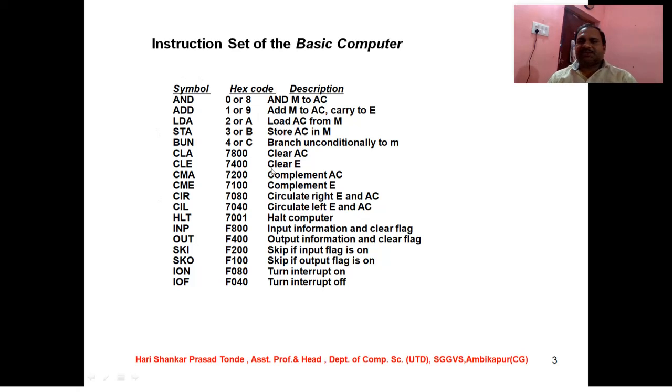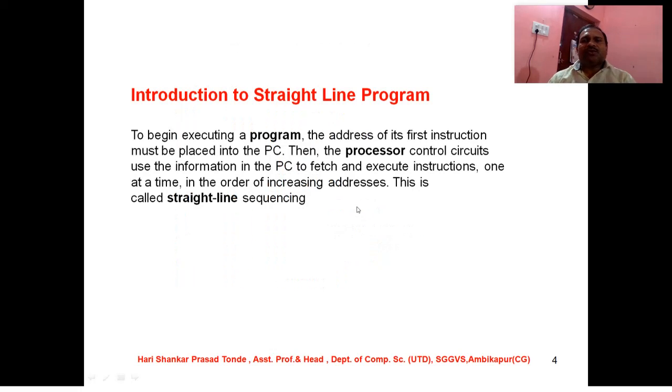These are the basic instructions, students, which any programmer can use at the time of programming 8085 programs. Now we are going to discuss the straight line program. What is a straight line? As we all know, a straight line is a sequence of small points joined together to make a line.